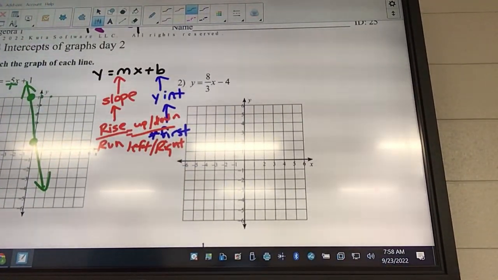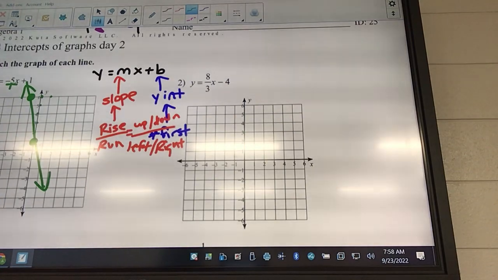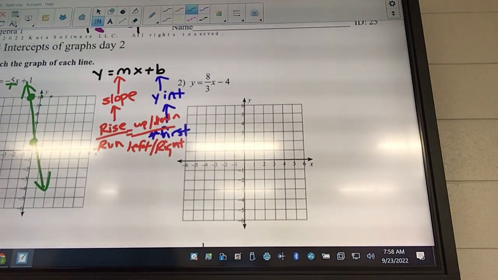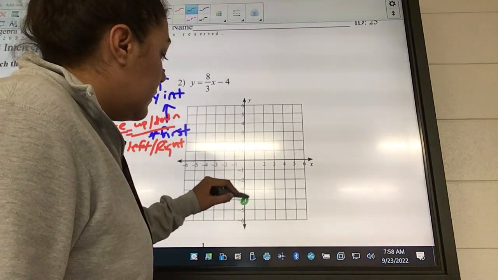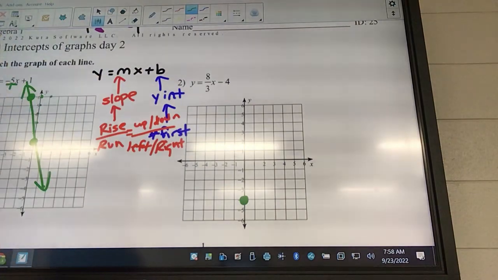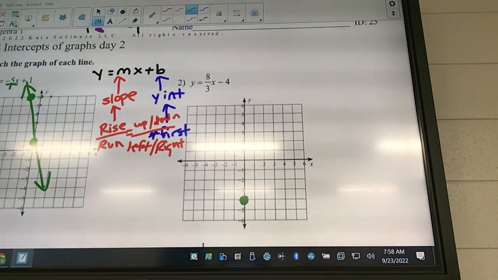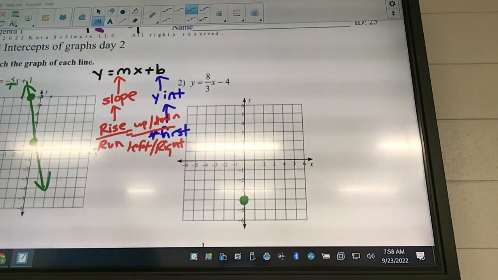We start with our y-intercept. What is our y-intercept? Negative 4. So go to the y line and find the negative 4. Is our slope positive or negative? Positive, and it's 8 over 3.